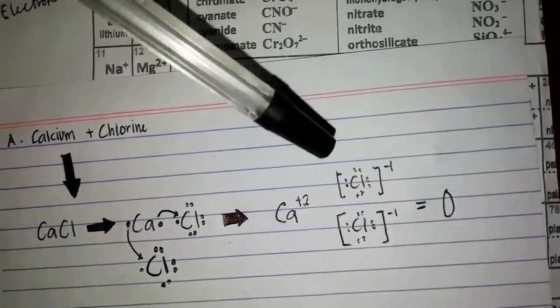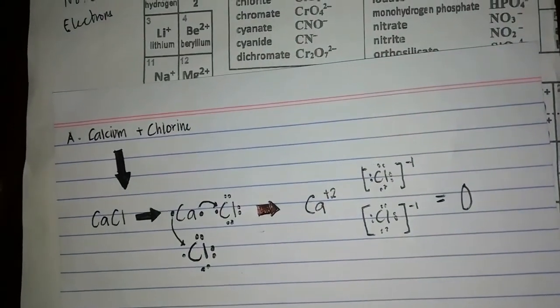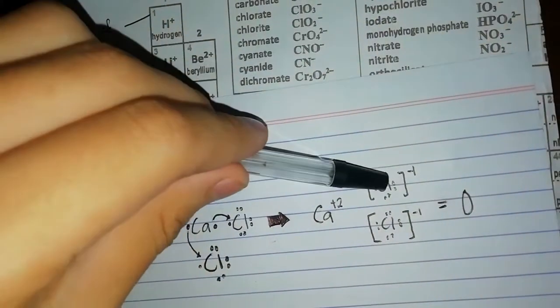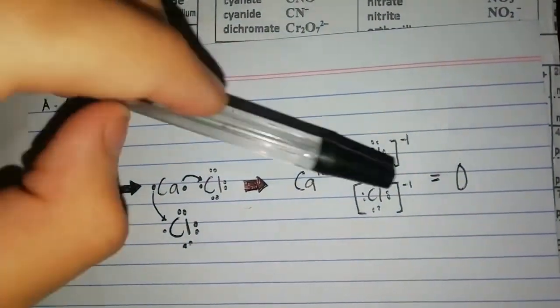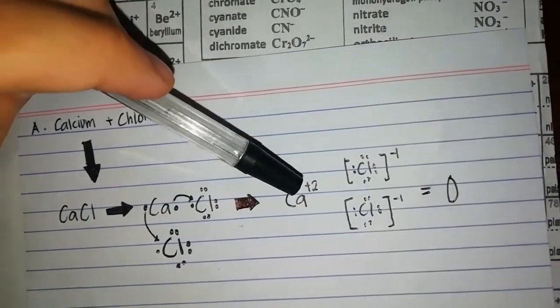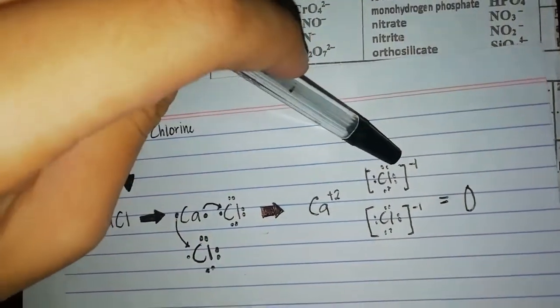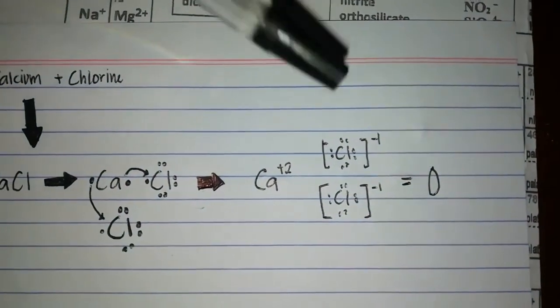So the Cl now has complete valence electrons, and its charge is -1. To get 0, we add +2, -1 and then -1, which gives us the answer 0.